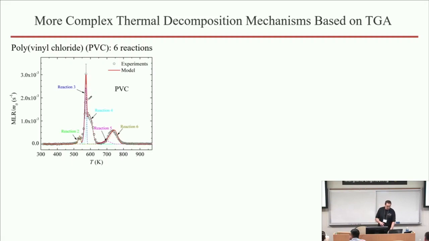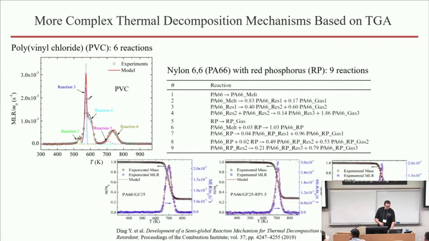I'm not going to go into details, but I'll give you just a flavor of it. This is an example of a system consisting of nylon 6,6 and red phosphorus. The main feature of the system is that phosphorus actually acts as a flame retardant because it reacts with nylon, and it increases production of char and so on and so forth.